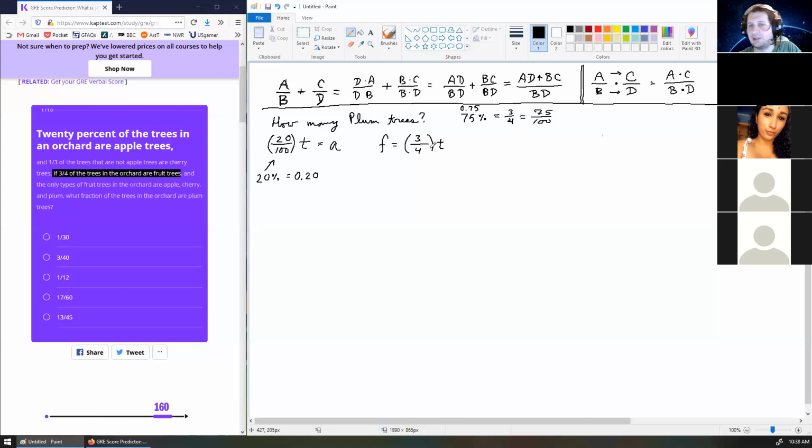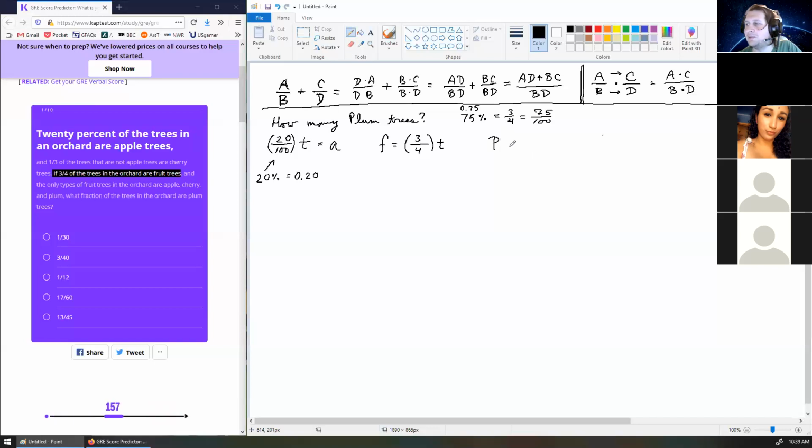Okay, so 1/3 of the trees that are not apple trees are cherry trees. We need to find, hold on, don't get nervous. It's fine. I promise you they won't judge you.